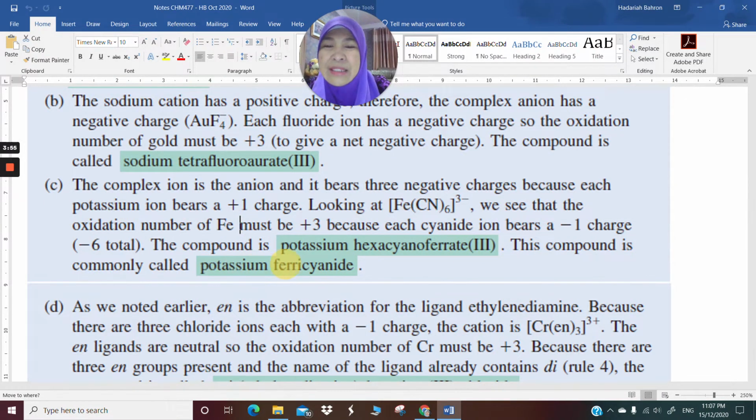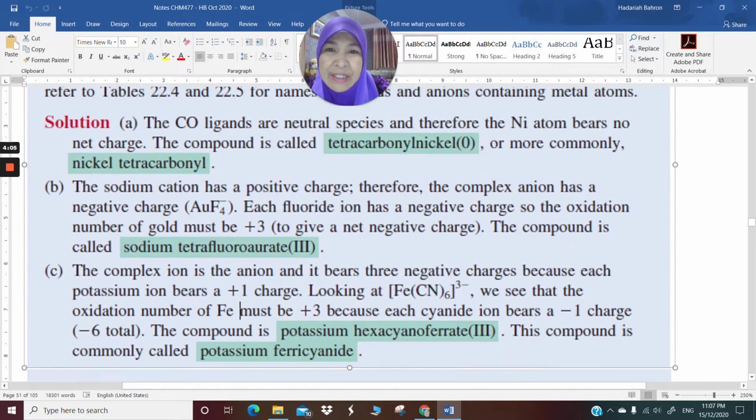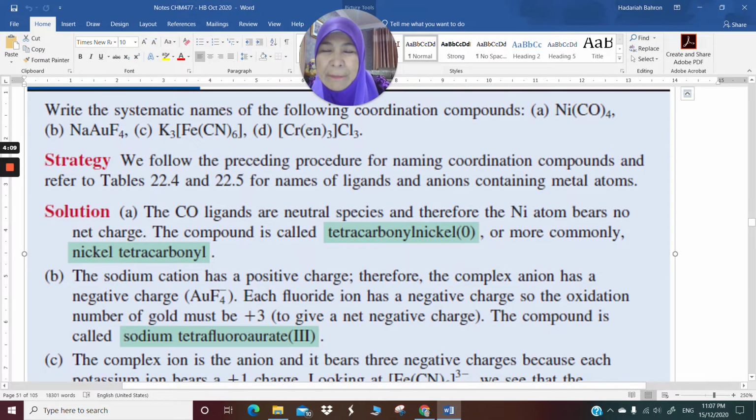Sometimes it's given a common name of potassium ferricyanide, but that is not the name that follows the convention of IUPAC. Right, and number D here, this is a different story.